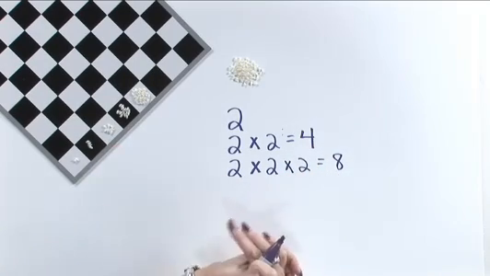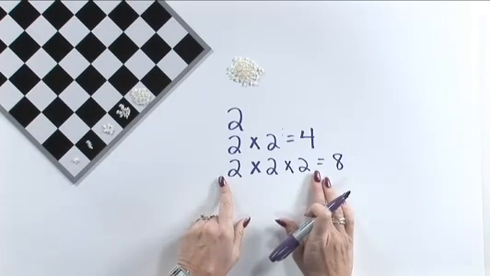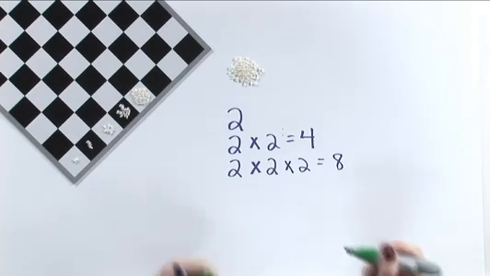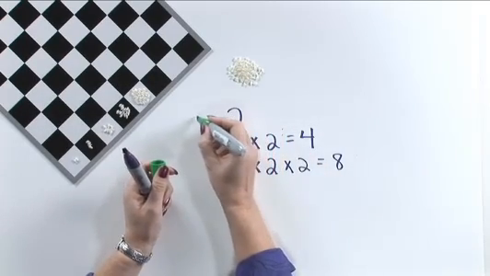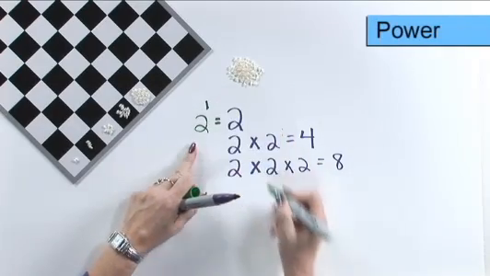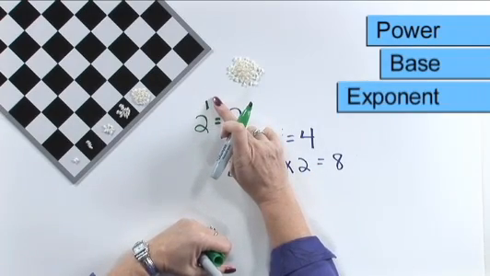Well, in mathematics, we have a different way that we might be able to represent the mathematics that's going on here. We could write the very first one as the number 2 raised to the first power. 2 is called our base, 1 is called our exponent.